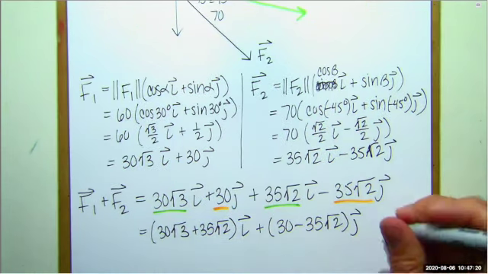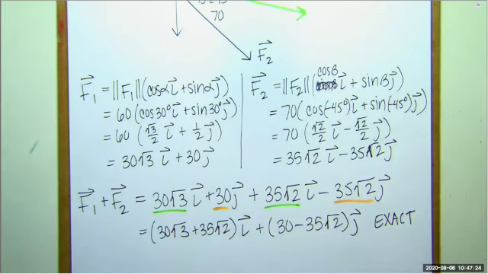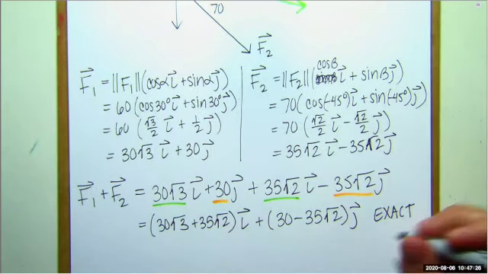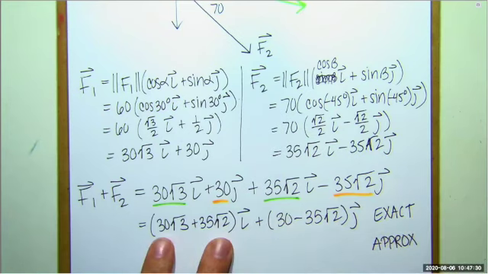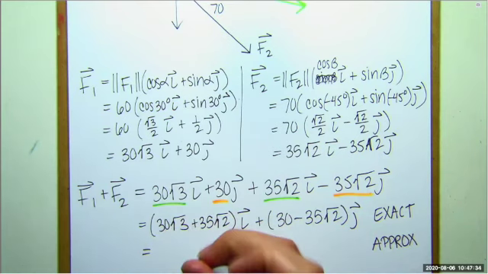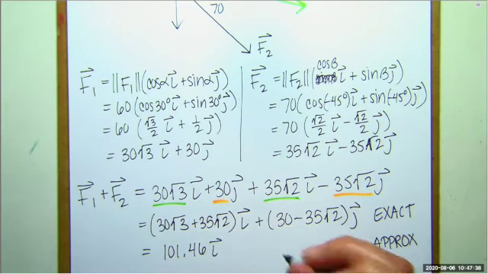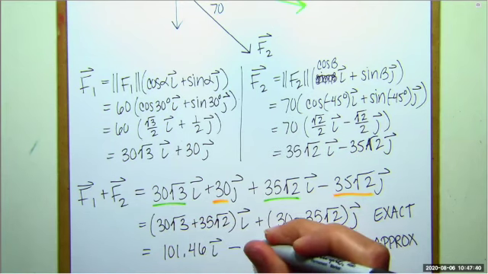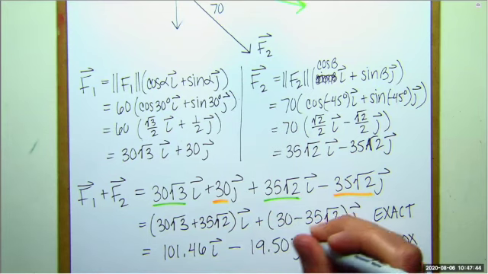Now, this is the exact answer. If you can simplify, you should. Usually what's more helpful to us is an approximate answer, so we can actually visualize what these numbers are. So if we put this in a calculator, this one comes out to 101.46 i, and then we have minus 19.50 j.